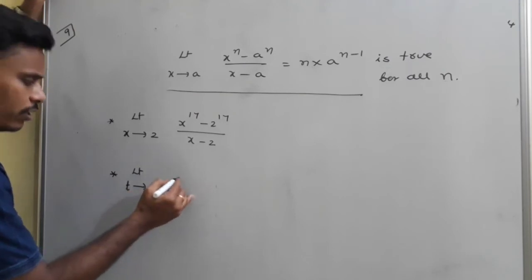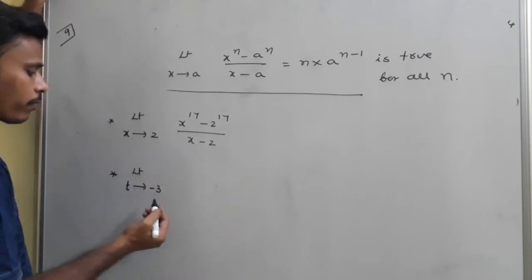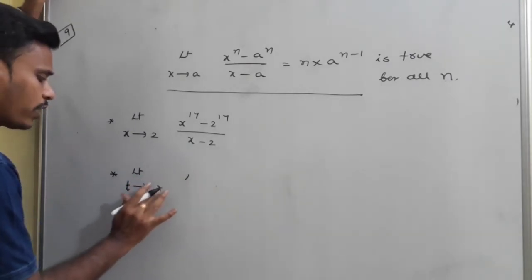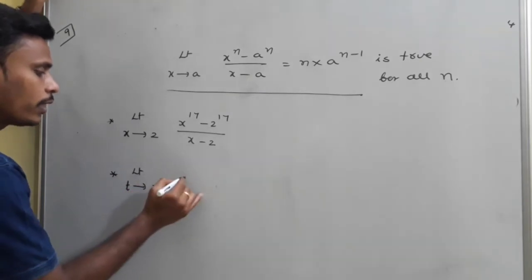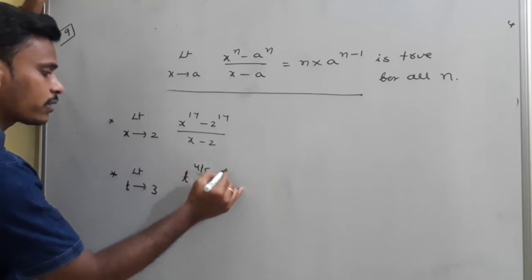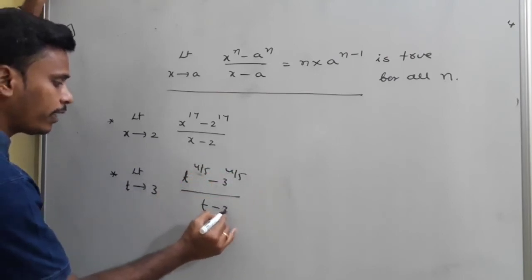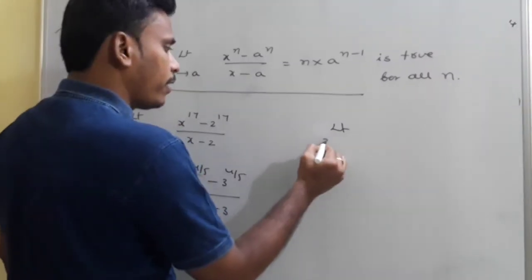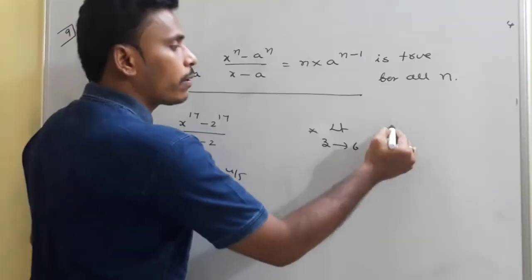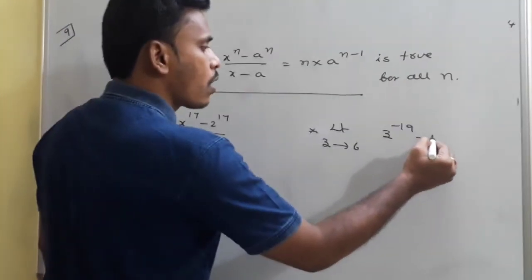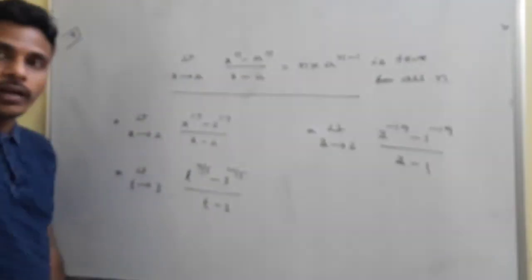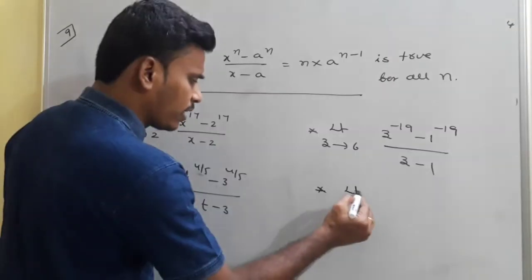Limit t tends to minus 3, or suppose take it as limit t tends to 3, t power 4 by 5 minus 3 power 4 by 5 divided by t minus 3. What is your answer? Limit z tends to 1, z to the power minus 19 minus 1 to the power minus 19 divided by z minus 1. What is your answer?